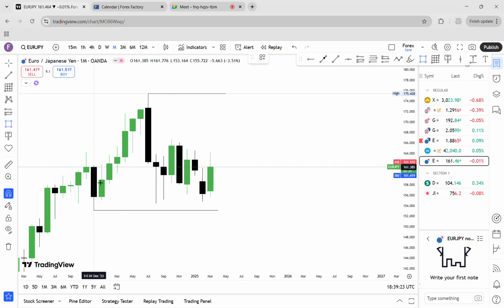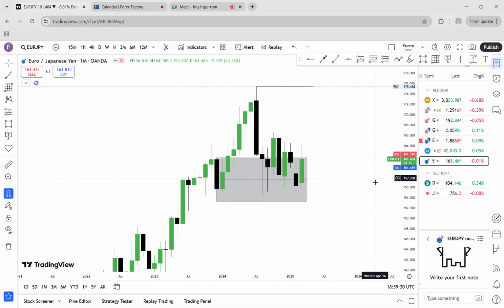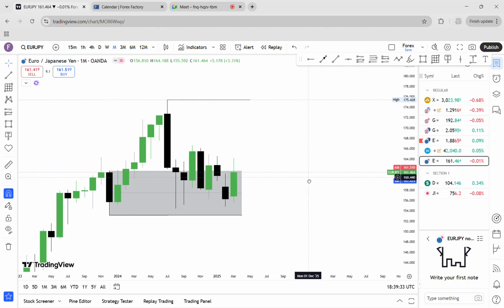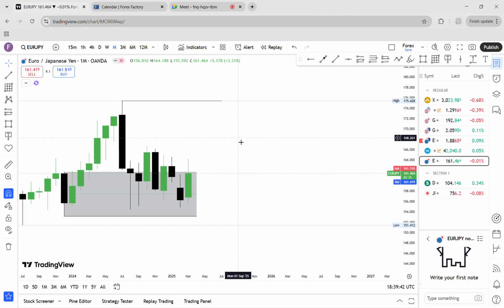Rather, we have this other block right here that price is still dancing within and respecting, right? So we know price may likely seek this high later, because if we pull back to internal range, what do we expect to see?